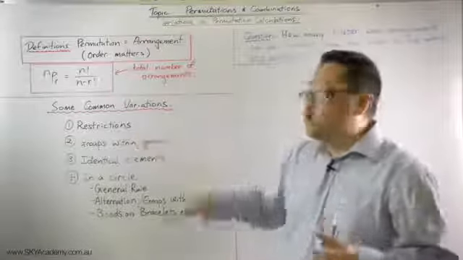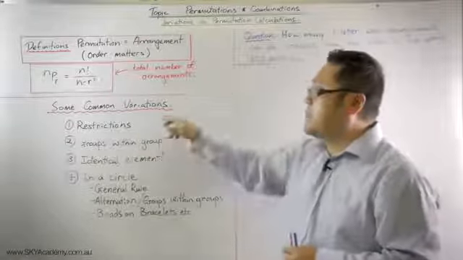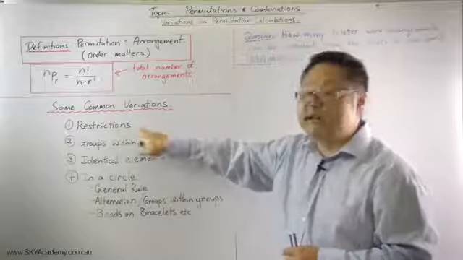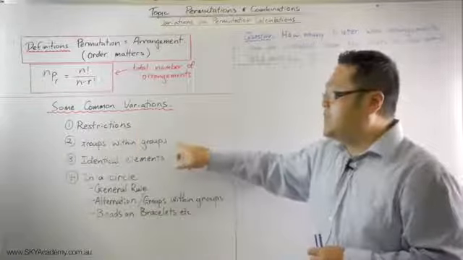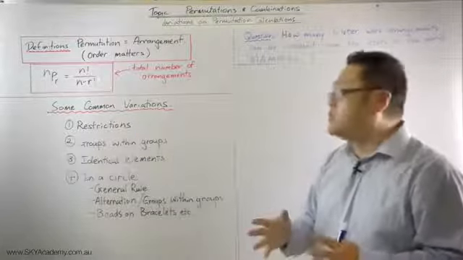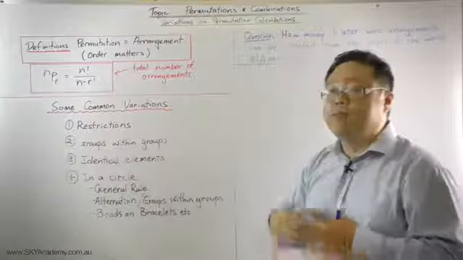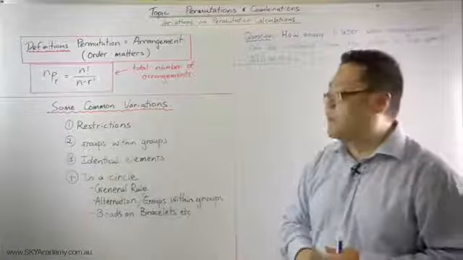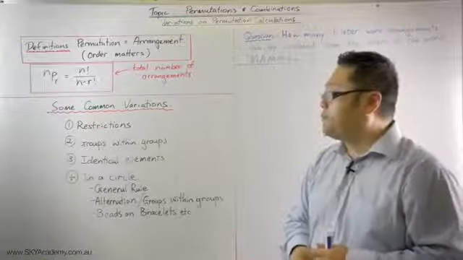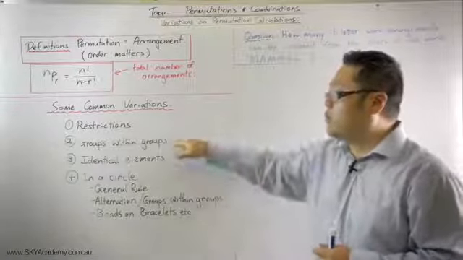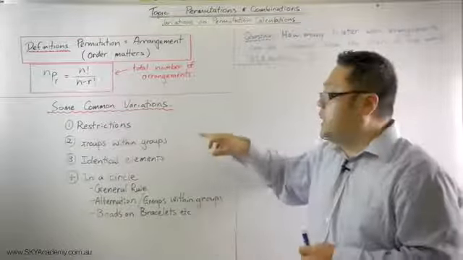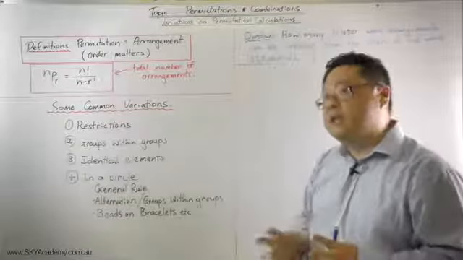Some of the common variations include restrictions, which we looked at in the last episode, and groups within groups, or where you have a group where you've got subgroups involved. And now what I want to look at is identical elements.